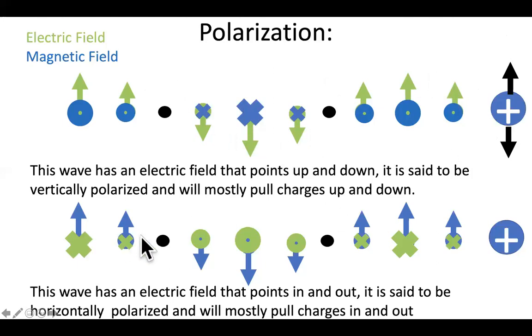In this case, where the field goes in and out, what do you think happens here? Well, the charge moves in and out. So these different types of waves both cause charges to move, but they cause them to move in different directions. And this has implications for how these waves will interact with matter.